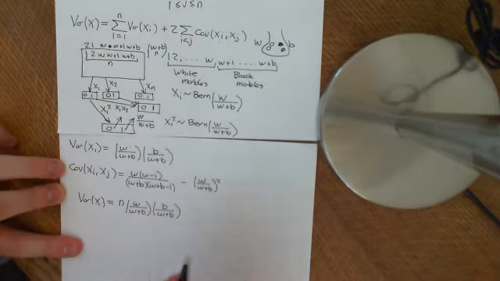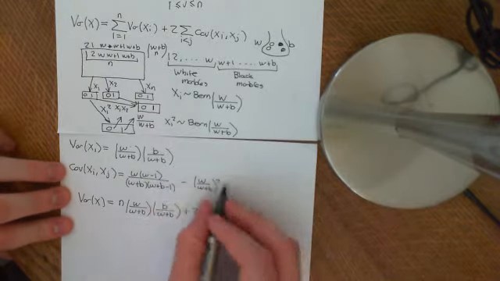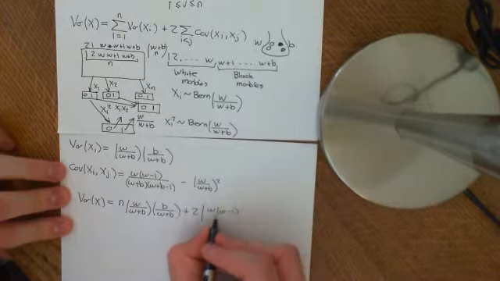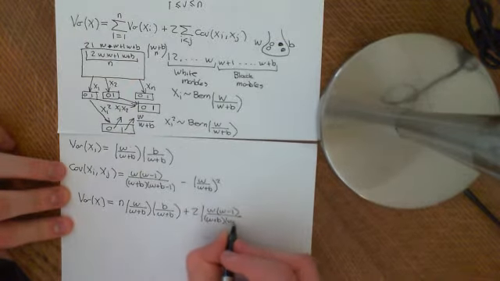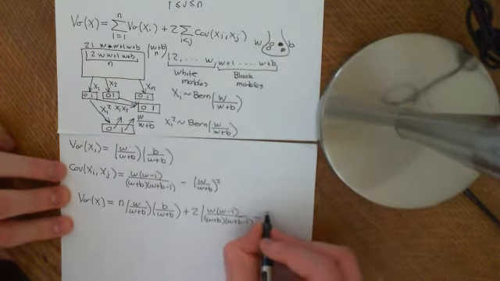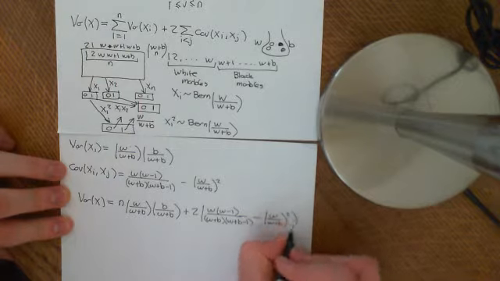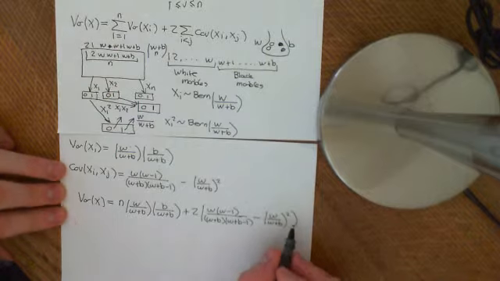Okay? And then we get plus 2, and again we're summing up this constant, so I'll put this hideous constant in, w times w minus 1 over w plus b times w plus b minus 1 minus w over w plus b squared.